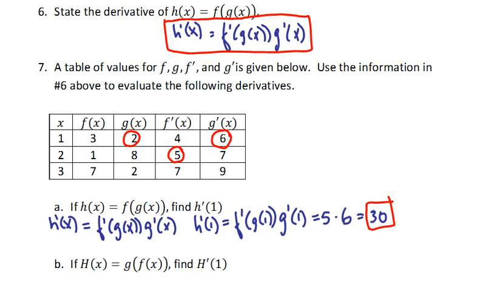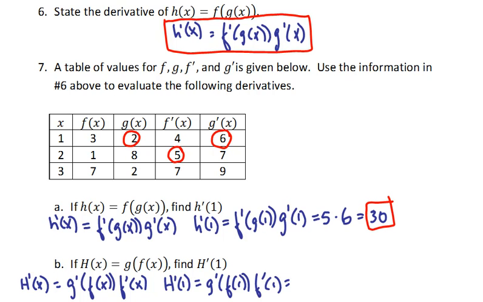Alright, for part B, we need capital H prime of 1, where capital H of x is g of f of x. And so that is just g prime of f of x times f prime of x. And so capital H prime of 1 is g prime of f of 1 times f prime of 1. And we go to our table, and we see that f of 1 is 3.